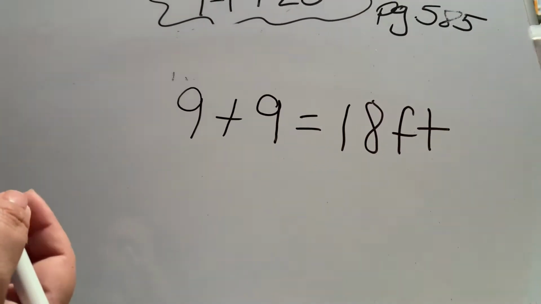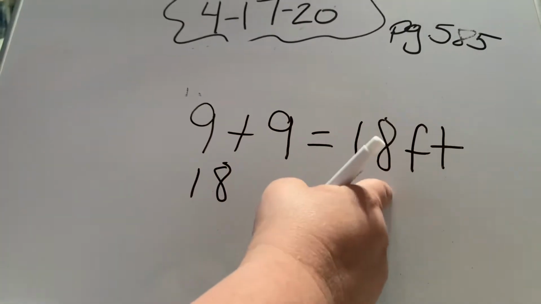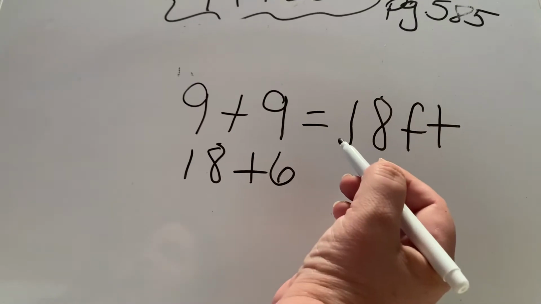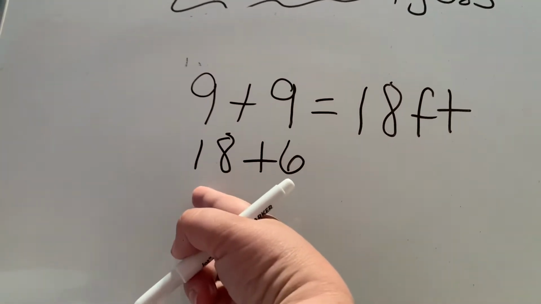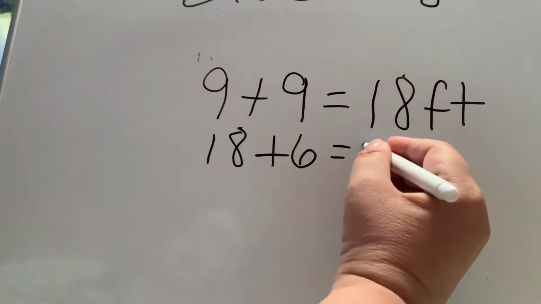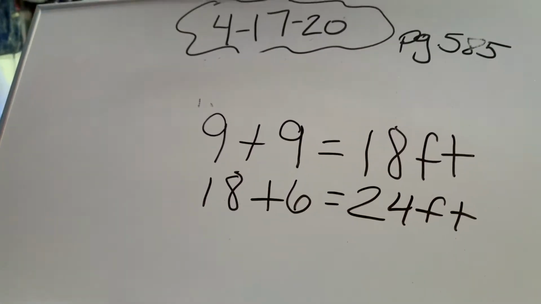He is going to need 18 feet for the swing part, plus 6 more feet. How many feet does he need for the swing and the monkey bar? Okay, 18 for the swing, 6 more for the monkey bar, which would be 24 feet altogether, okay?